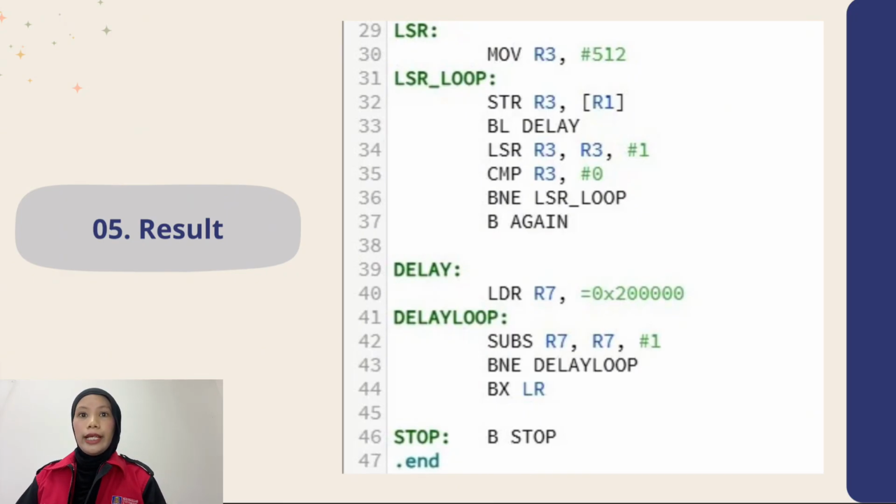The S at the end of SUBS tells the CPU to update its condition flags based on the result. Lastly, once R7 hits 0, the loop breaks. This instruction tells the CPU to jump back to the address stored in the LR.